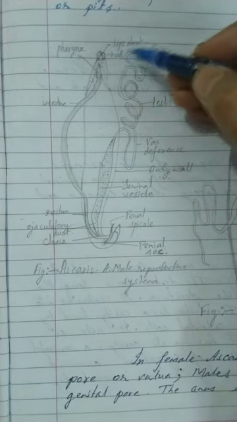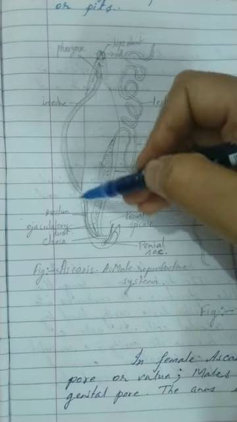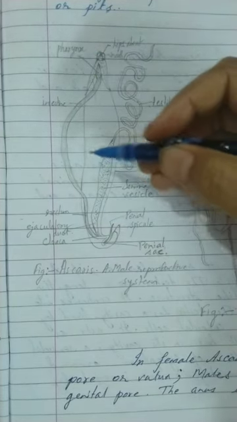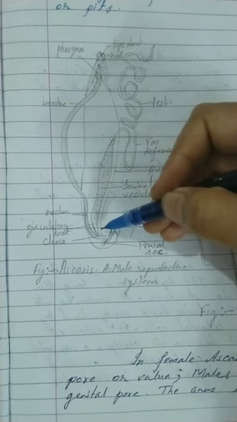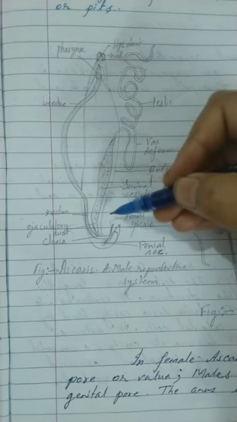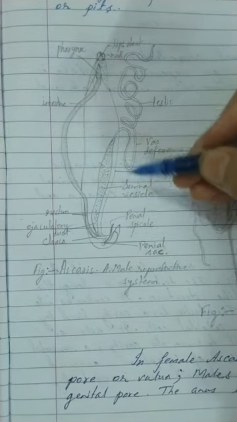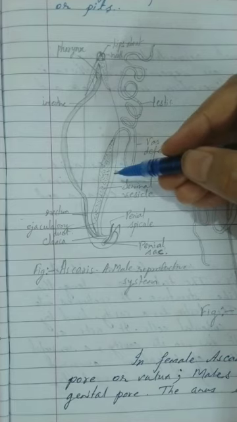These are the lips, mouth, pharynx, intestine. In male and female, this portion will be the same, but the reproductive system will be different. The male will have the male reproductive system, while the female will have the female reproductive system.